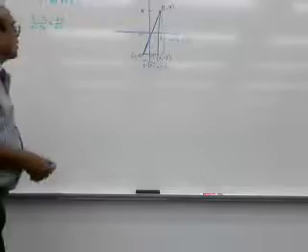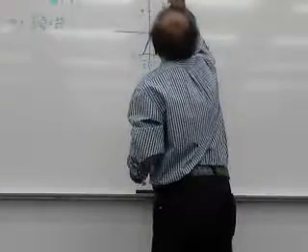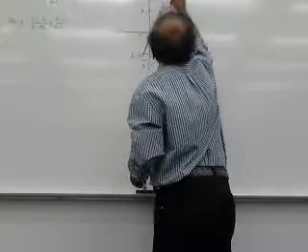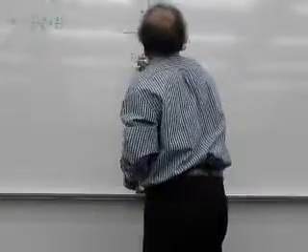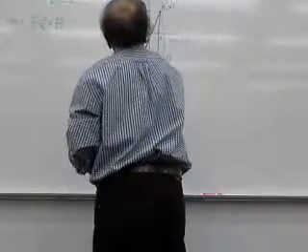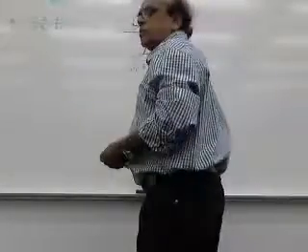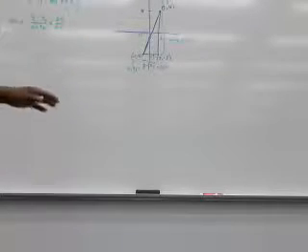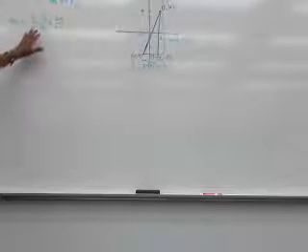You can call it any one you want. I'm going to call this one here x sub 2, y sub 2, and this one down here, I will call it x sub 1, y sub 1. And those coordinates, I could use them in this formula here to find the slope of this line.